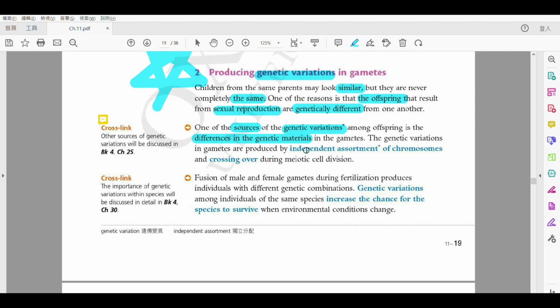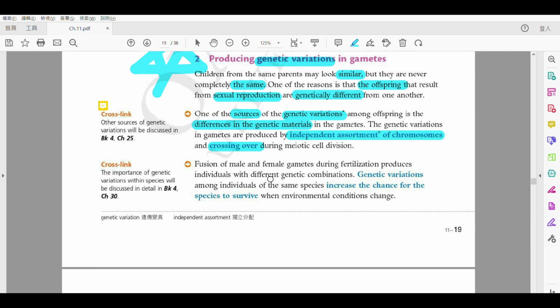OK, but then we need to know two processes, 兩個過程嘅。The first one, independent assortment of your chromosomes. 第一個你自己記到頭兩隻字啦, the first two words, and then the other one we just talked about in the previous video, 就係 crossing over, 自己多一次 crossing over. Alright, so these two processes you must remember them, 一定要記得嘅，得唔得？好啦，再講啦, and then fusion takes place.